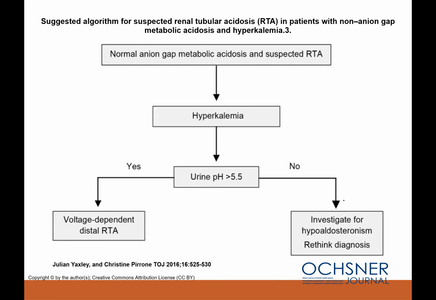What if it is hyperkalemic RTA? Then immediately look at the pH. Urinary pH is always acidic only. Is it less acidic, more than 5.5? That is still acidic only, compared to the normal urinary pH of 5.2, it is slightly more alkaline. That means it is voltage gated.